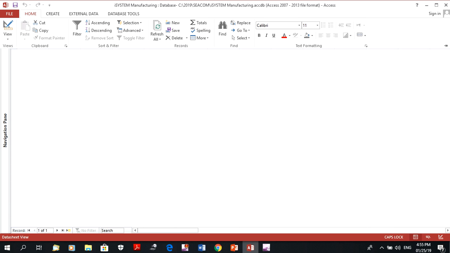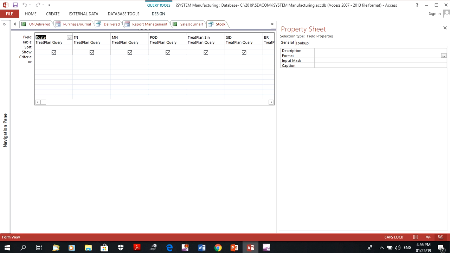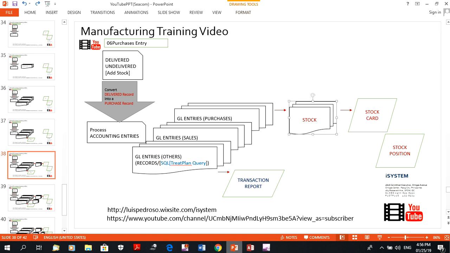If you go to the design view, you would know that the stock came from this transaction file. So that's proof for you that whatever comes in from your conversion of your delivered record from your purchases, when there is a bodeguero receipt, so it's delivered, it goes to the transaction file and it goes to the stock file by a selection process. Okay?